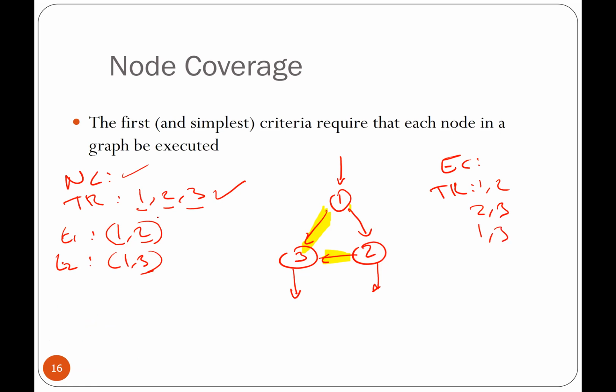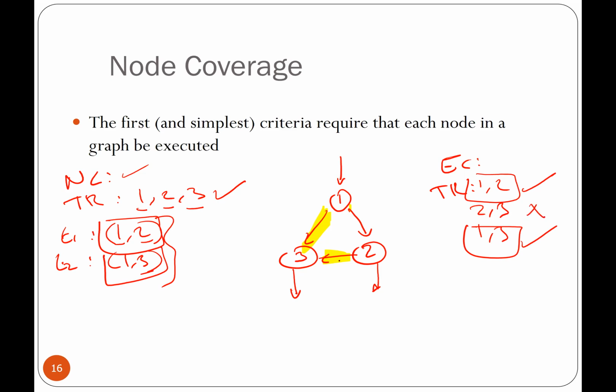Before we move on, let me take those test cases that I've created for the weaker coverage criterion and see if they satisfy the test requirements for edge coverage. So we got 1, 2, we got it over here, so that one is good. We got 1, 3, so that one is good, but we don't have 2, 3.